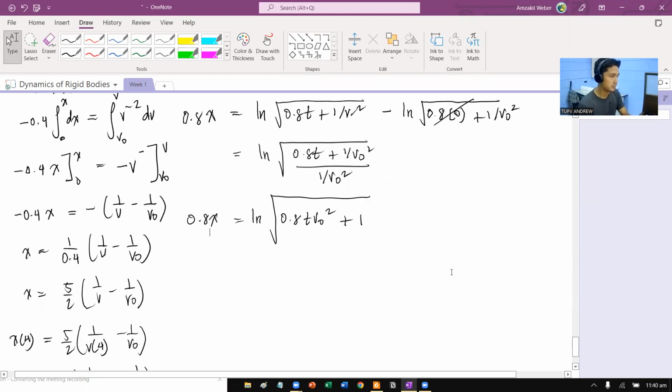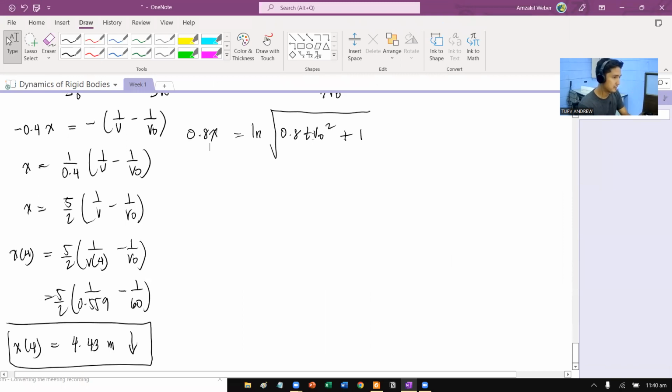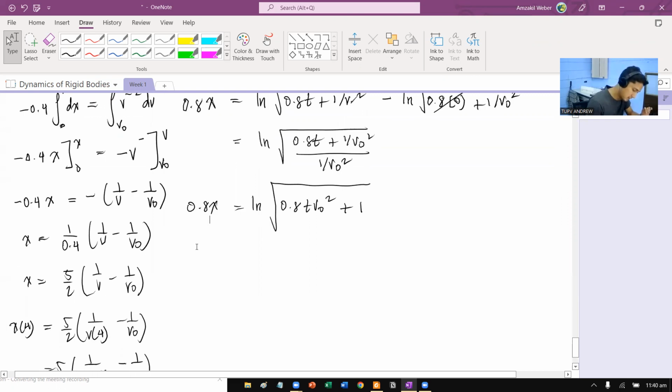This is the moment of truth because if we plug in 4 seconds time here, it should equate to 4.43. Let's see. 0.8x equals to ln 0.8 times 4 seconds, which is times 60, into plus x squared plus 1.